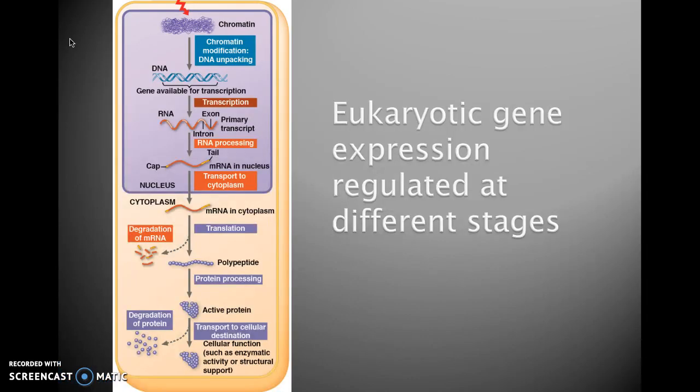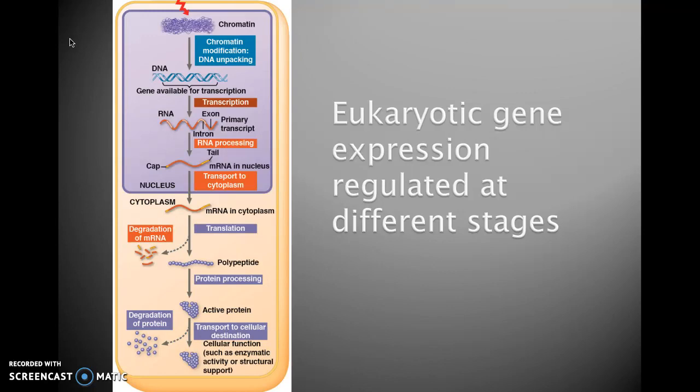This diagram summarizes 15.2 and how eukaryotic gene expression is regulated at different stages. The different stages are indicated by the boxes with the name of the stage in it. For example, at the top, chromatin modification, DNA unpacking. That's going to be one control point where gene expression can be turned on, off, accelerated or slowed down depending on what the cell needs.